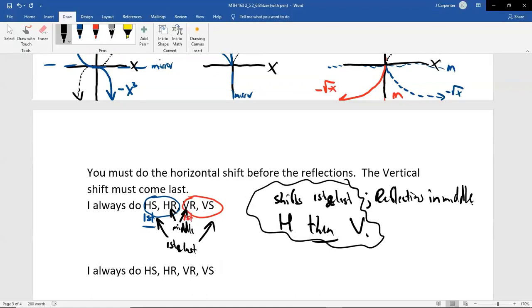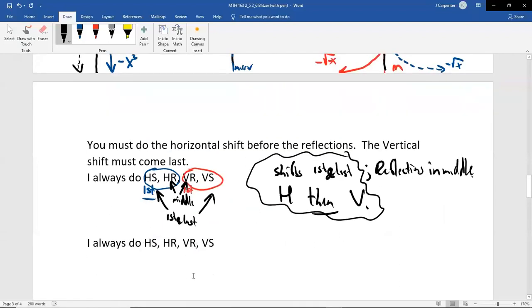It'll be at something like 3,5 or negative 2,7. So if you want to check it, you can plug in the x value to the original function, see what you get, and if it matches your y value, then you're probably okay. Notice I said probably, because you could have this thing pointing in the wrong direction, but at least you know that the shifts are right, so you've got a good chance of being right.